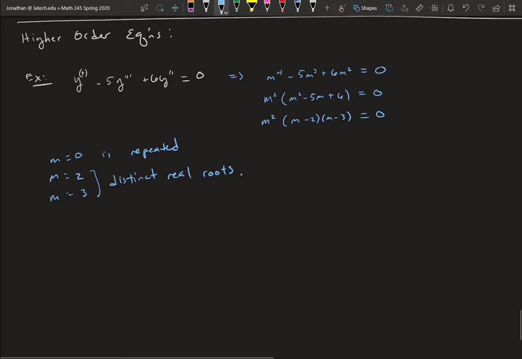To form our general solution, we basically follow the same guidelines from a quadratic, but keep in mind that in this case we have 4 things to add together. So y sub h of t equals c1 e to the 0t plus c2 t times e to the 0t, because 0 is repeated, plus c3 e to the 2t plus c4, my favorite, e to the 3t.